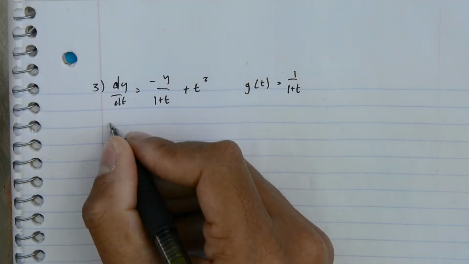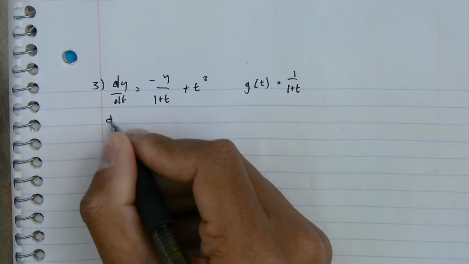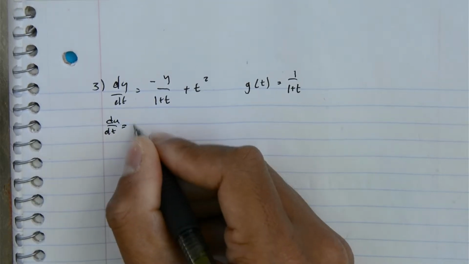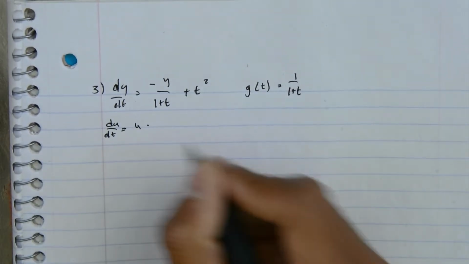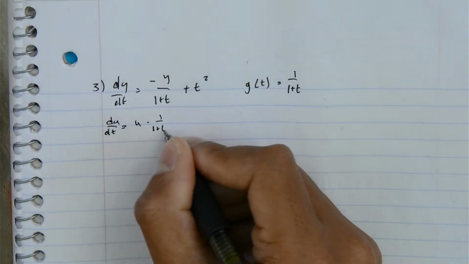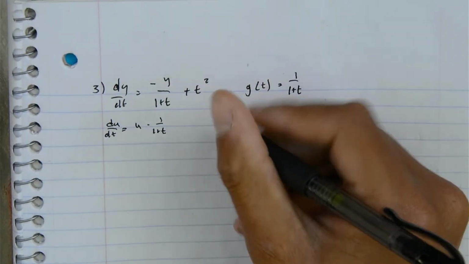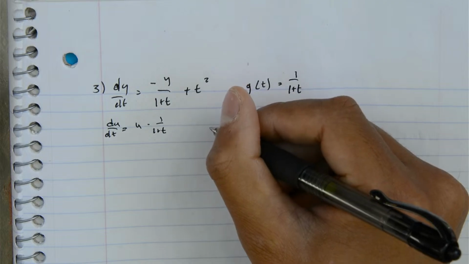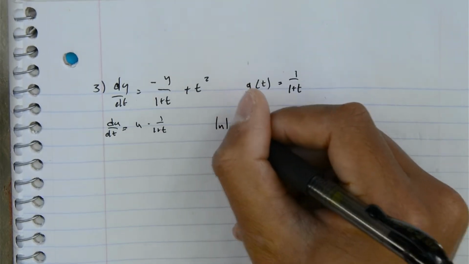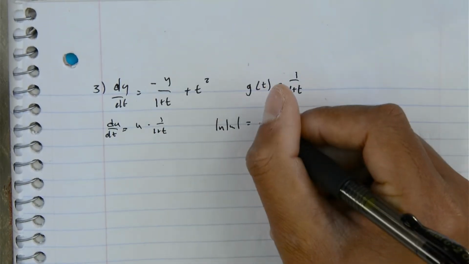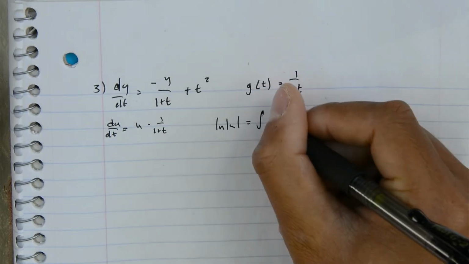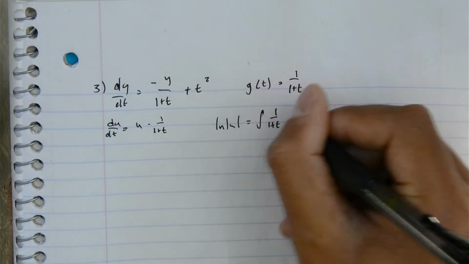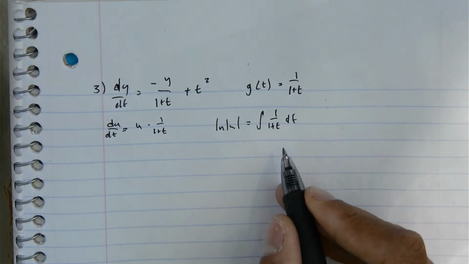So we're going to get du dt is equal to u times 1 over 1 plus t. So now we get ln of u is equal to the integral of 1 over 1 plus t dt.